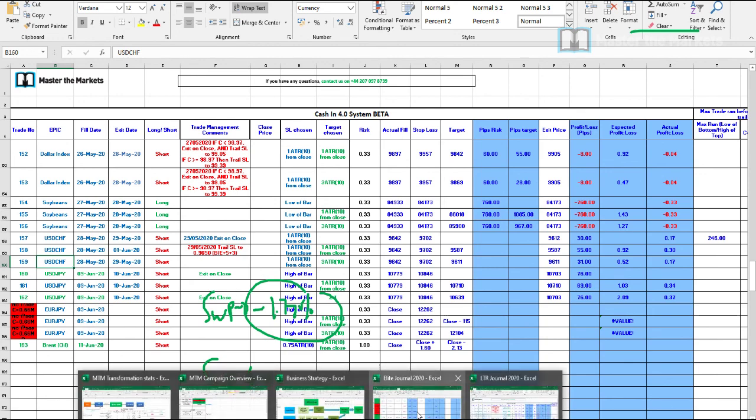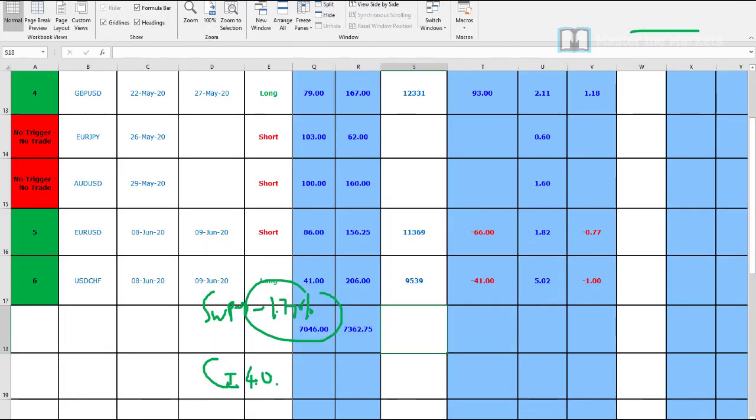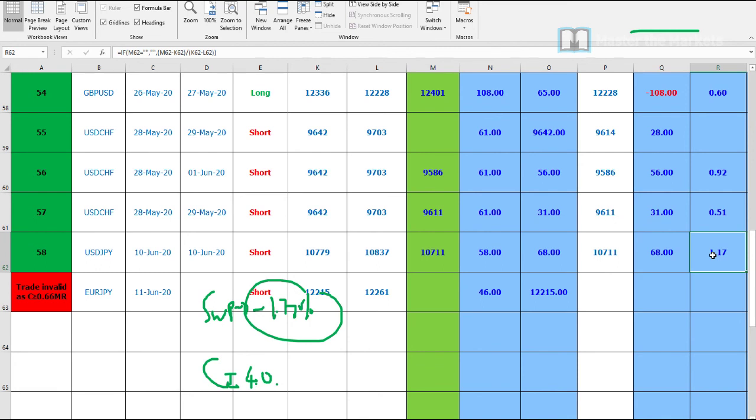So I'll take that off the elite journal. If you take a look at C4.0, it's 1.17%. So C4.0 has made 1.17% in terms of the live trading room.